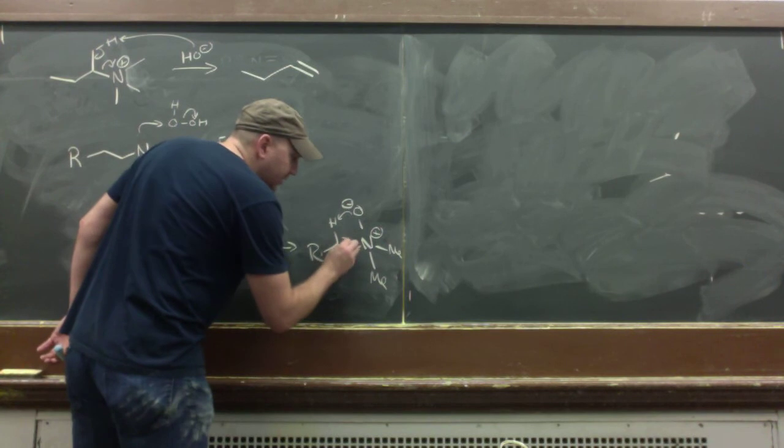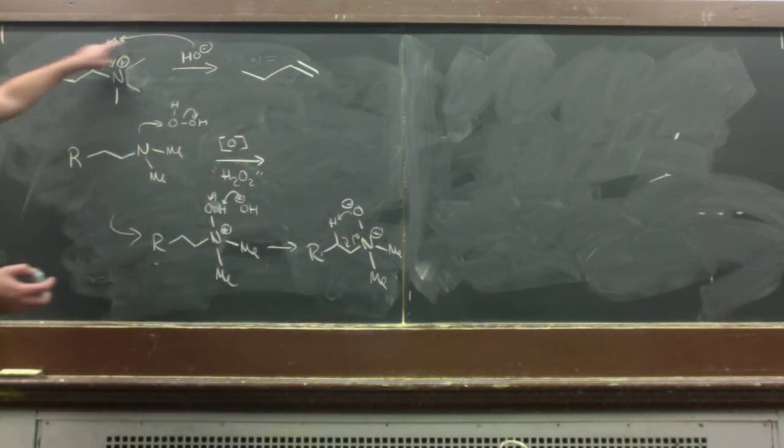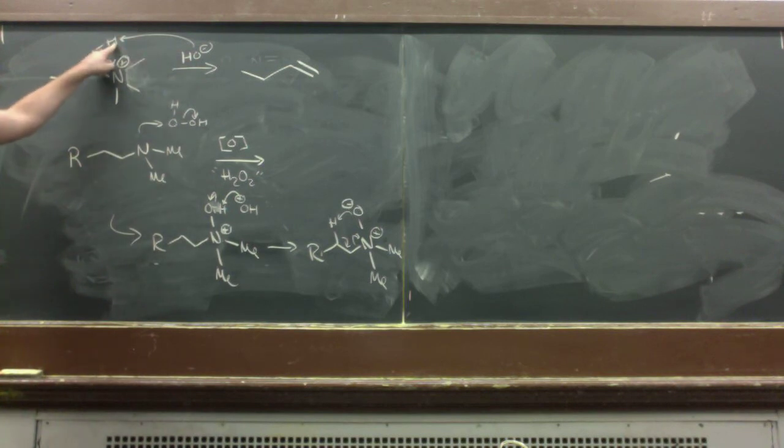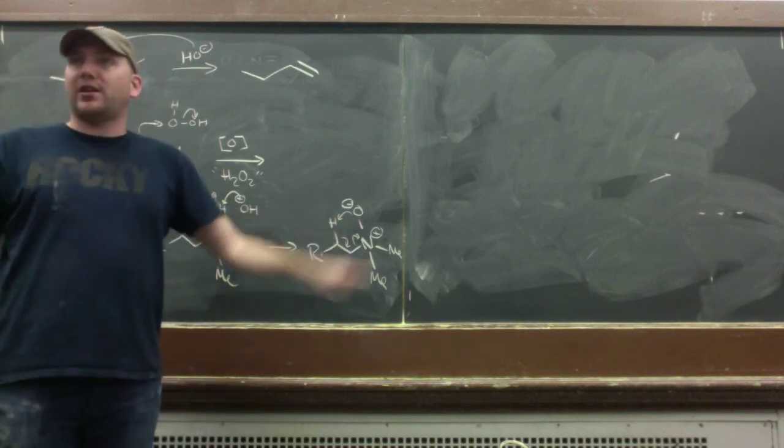And as we'll discuss, this is what's called a syn elimination. It's analogous to this process here. The hydroxide attacks the proton, we break that bond, make a double bond, and push these electrons onto the positive charge of this nitrogen. It's the exact same thing happening here, except that it's an internal process.